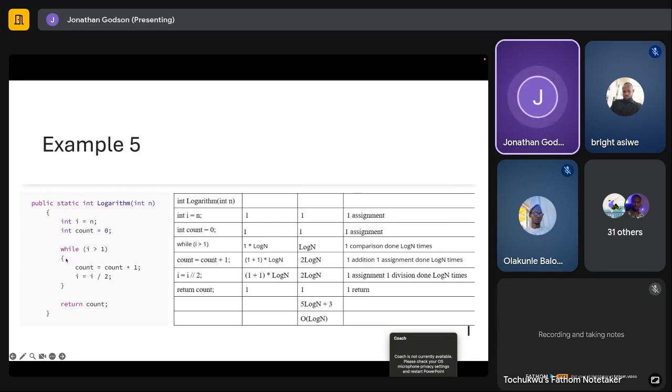Some people will look at this algorithm and say it's O of n because there is a loop here. That is the mistake some people make. When they see a single for loop, they assume the running time of that algorithm is O of n. Or when they see a nested for loop, like the example Bright gave, they assume it's O of n squared.